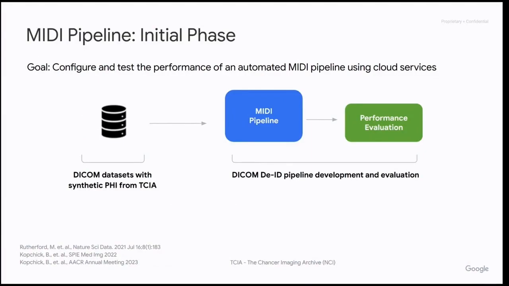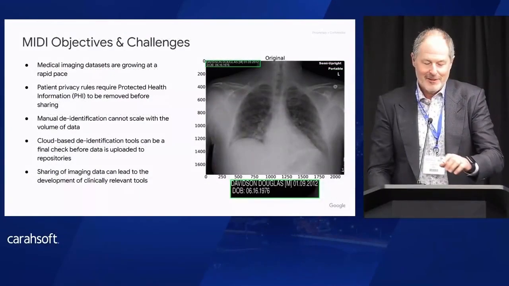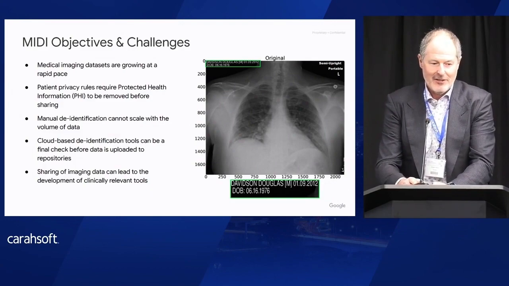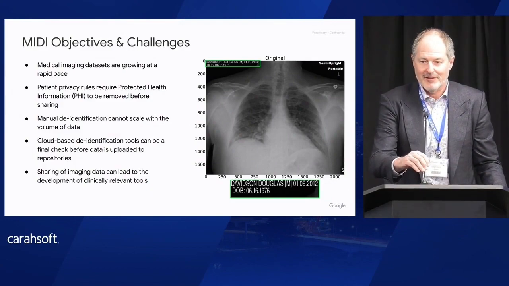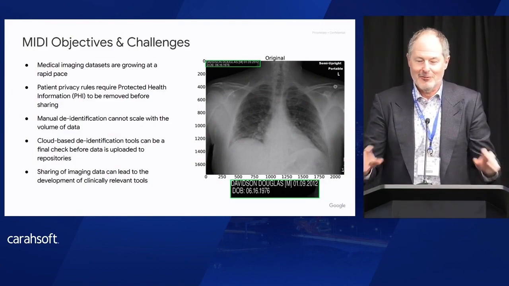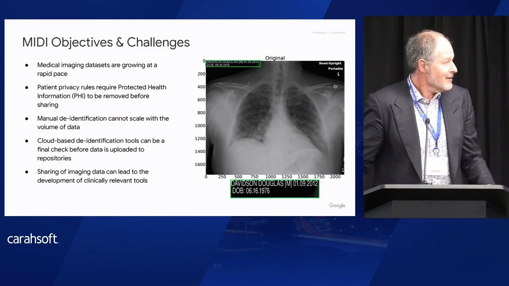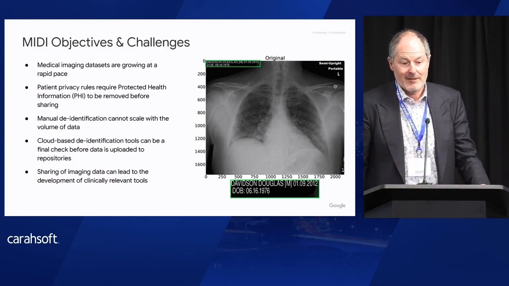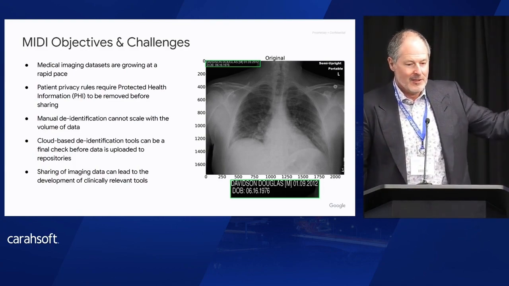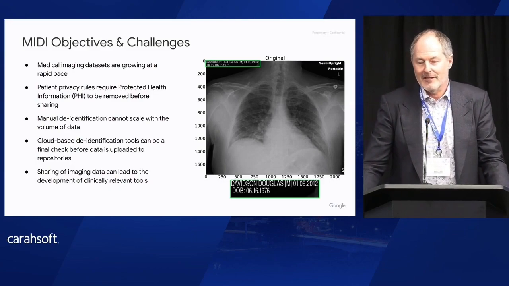Thank you, Keyvan. So just to tap into the challenge a little bit more, and then we're going to open those boxes that Keyvan showed you, what's in those boxes, and talk a little bit more about those. So this is an example of an image, a chest X-ray, that we're having to de-identify.